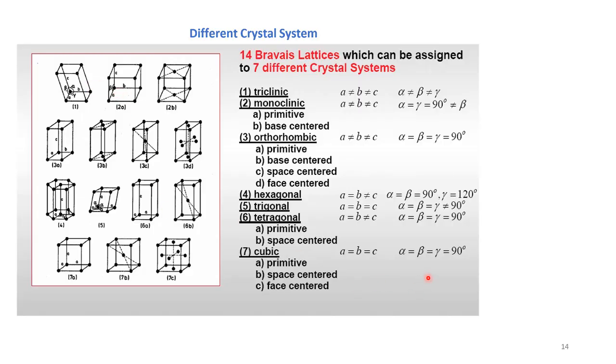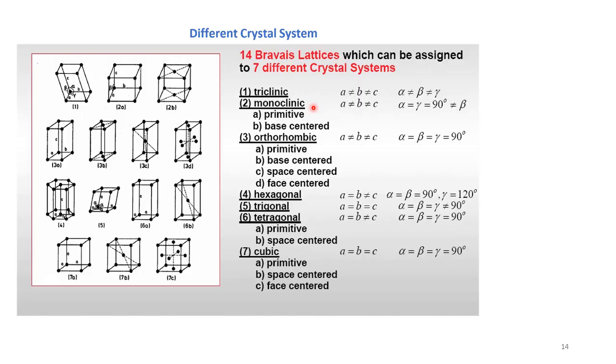For the cube, we know that all the sides are equal and all the angles will be 90 degrees. So this is the basic structure, and from here we can imagine the other structures also. Triclinic has unequal sides and unequal angles of rotation.